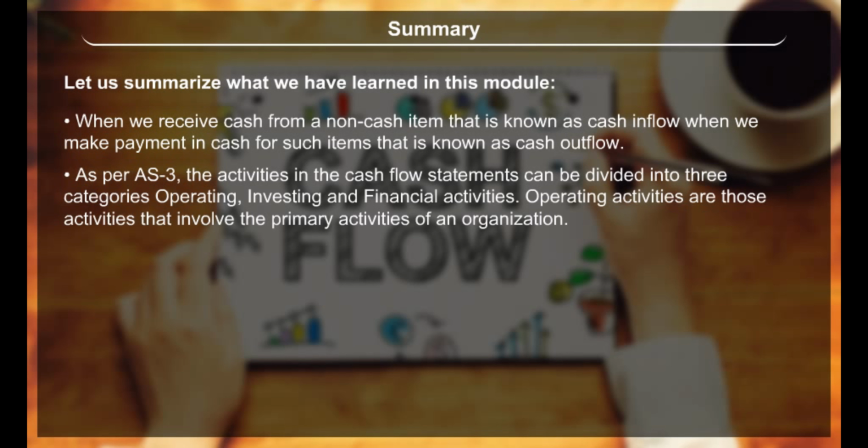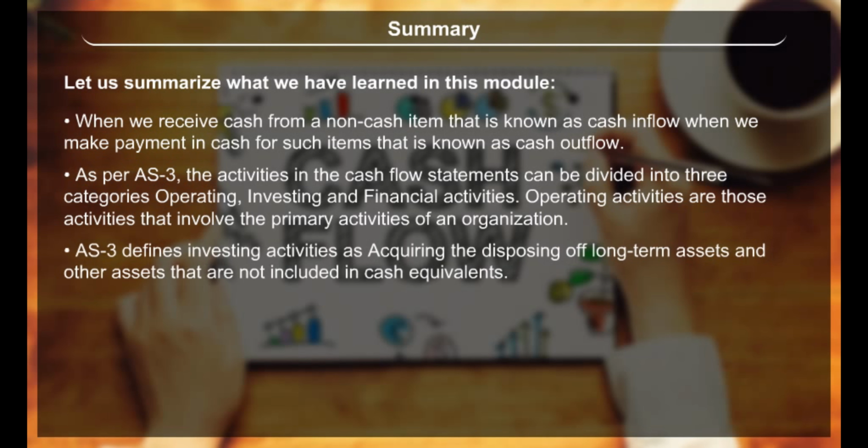Operating activities are those activities that involve the primary activities of an organization. AS3 defines investing activities as acquiring and disposing of long-term assets and other investments that are not included in cash equivalents.